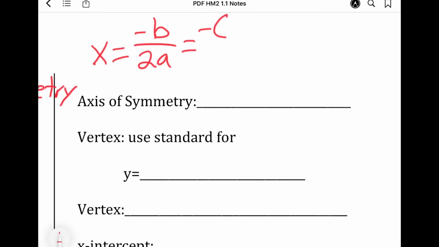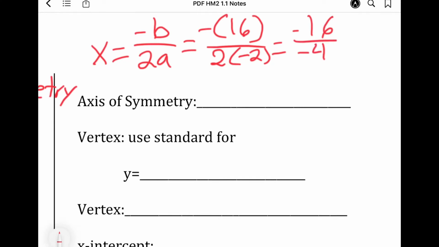Substituting that b in, you have positive 16 over 2 times negative 2, so you have negative 16 over negative 4, which gives you 4. Your line of symmetry is x equals positive 4.